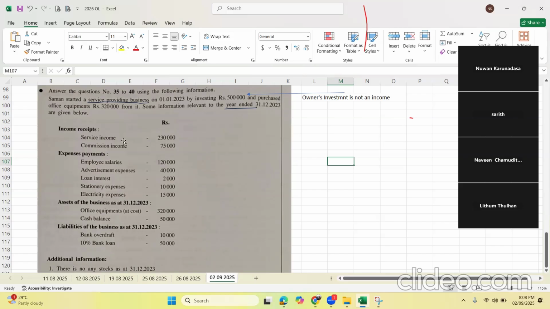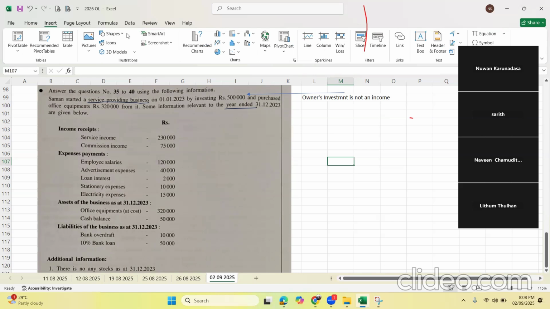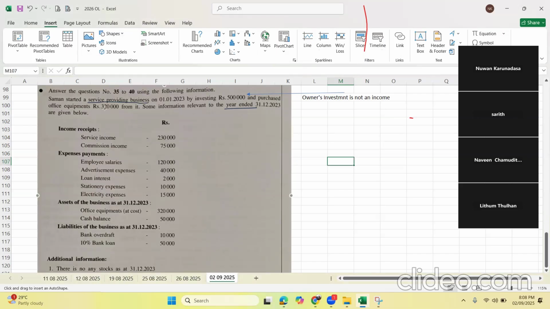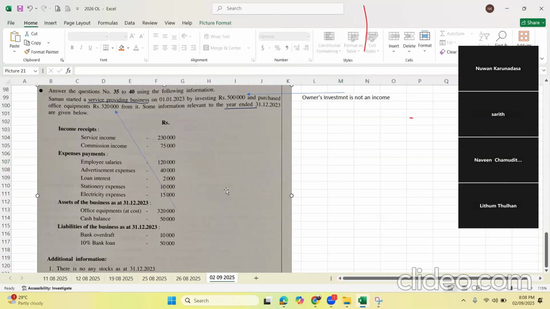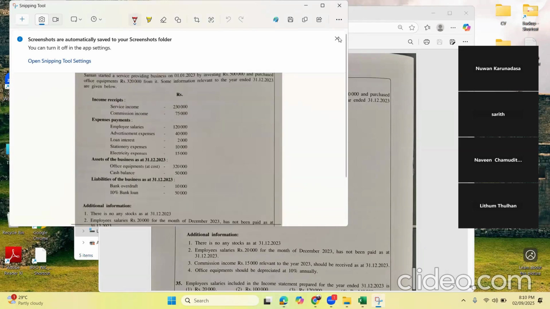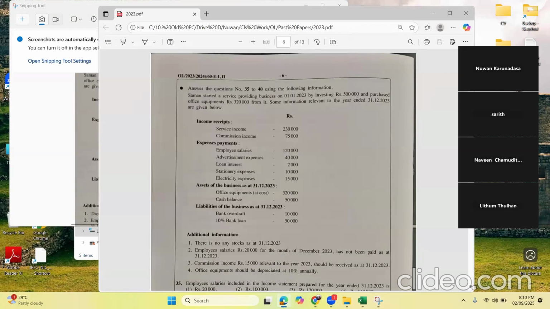Office equipment 320,000. The owner has purchased 320,000 of office equipment, and the same office equipment they have here.